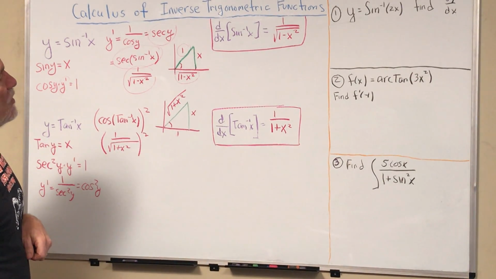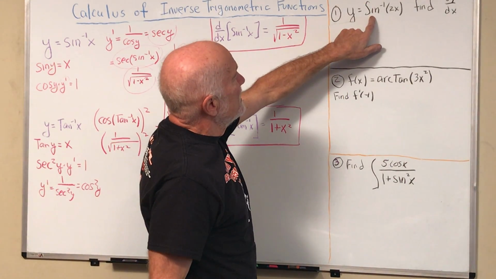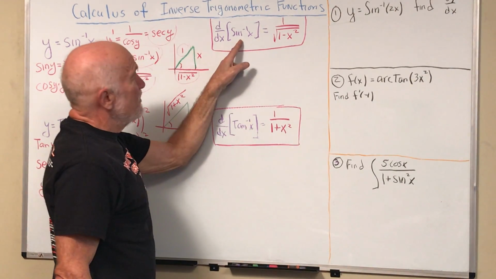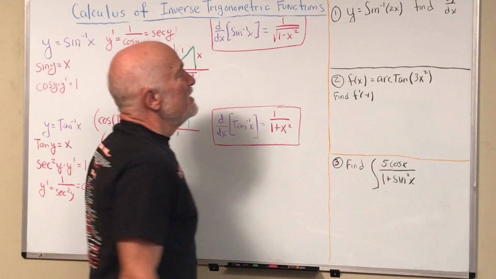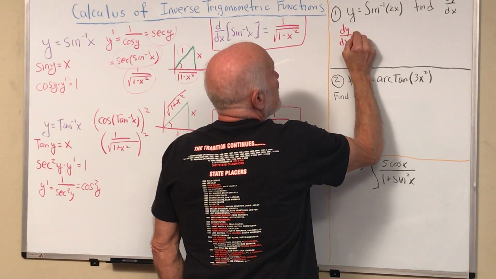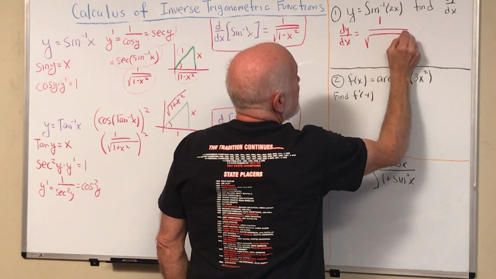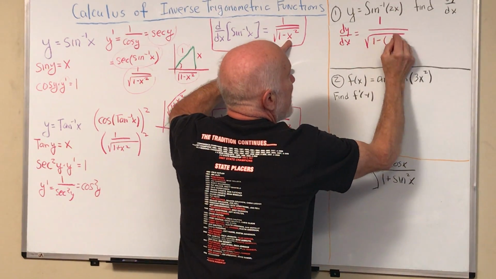So we could do this problem right now. It's the inverse sine of, well, it's not x, it's 2x, so we're going to have to do the chain rule, which means dy dx is 1 over the square root of 1 minus x squared.